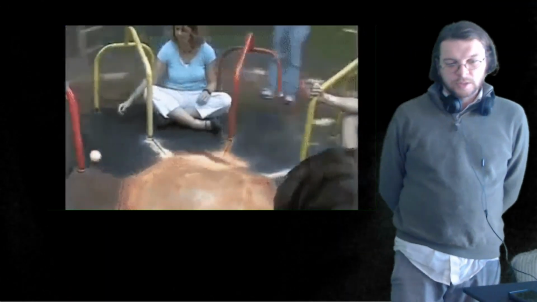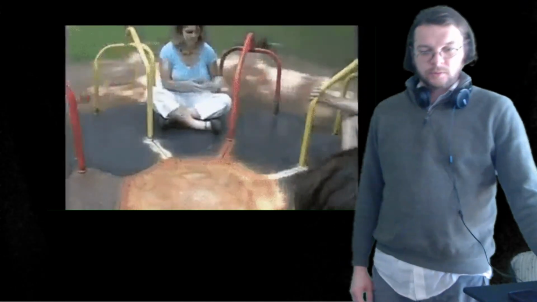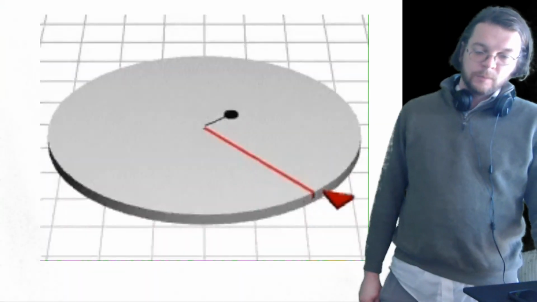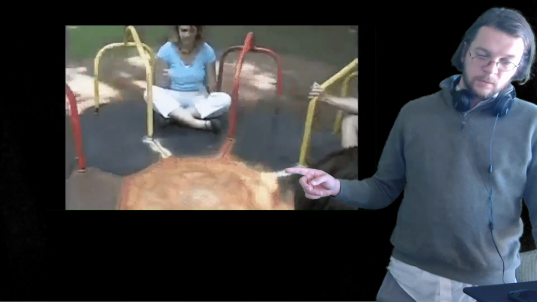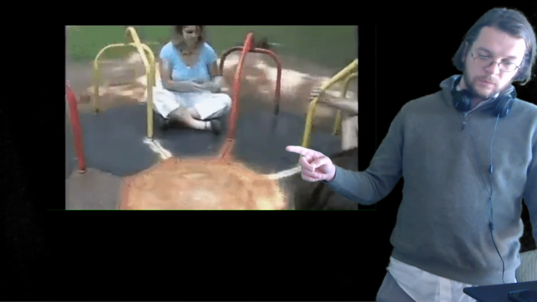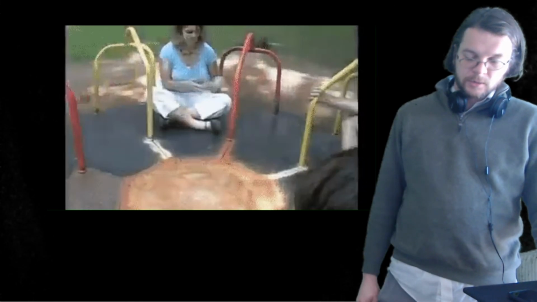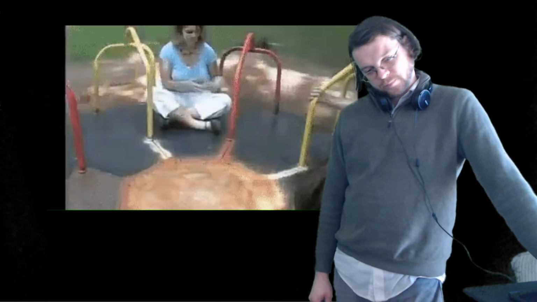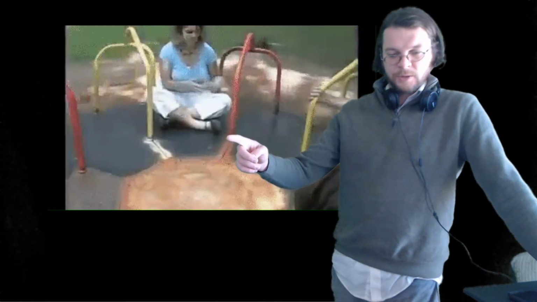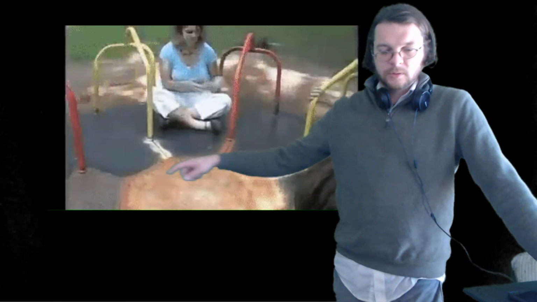Okay, another nice video is this one, which has a teacher on a merry-go-round tossing a ball around. The point of this is that there really are no forces per se acting on this ball. There's gravity pulling down on it, but basically there's nothing magical that's bringing the ball back around to the teacher.